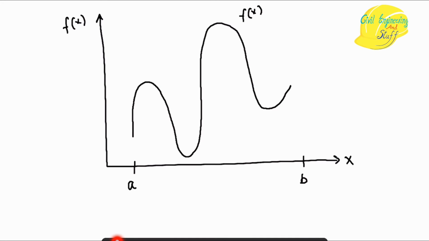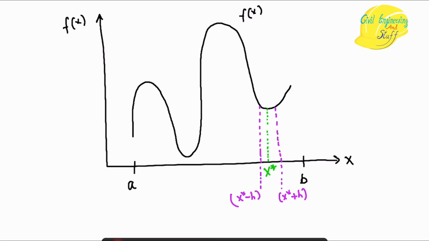Now in this function, if we take a point x star, this point x star will give the minimum value for a small interval. Let us say the interval is from x star minus h to x star plus h.